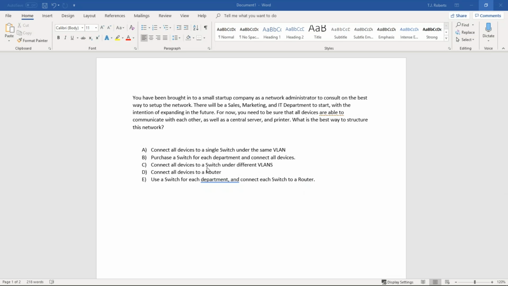With C, it's saying connect all devices to a switch under different VLANs. What does anyone think about C? Mike is saying on the test, remember to address layer 3 switches. That's what the question is based on. Any thoughts on C?